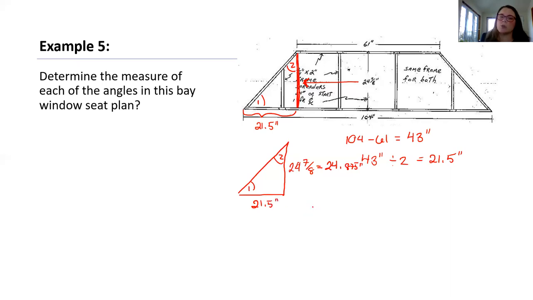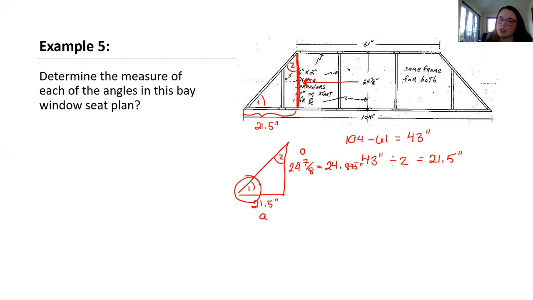Now what we need to do is label each of our lengths. Let's find angle 1 first. So for angle 1, 21.5 is adjacent, and 24.875, or 24 and 7/8, is opposite.